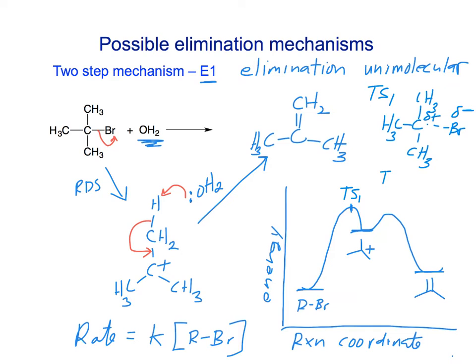In the second transition state, which would be right here, we are going to be breaking the bond between the hydrogen and the carbon and forming the pi bond between the two carbons.